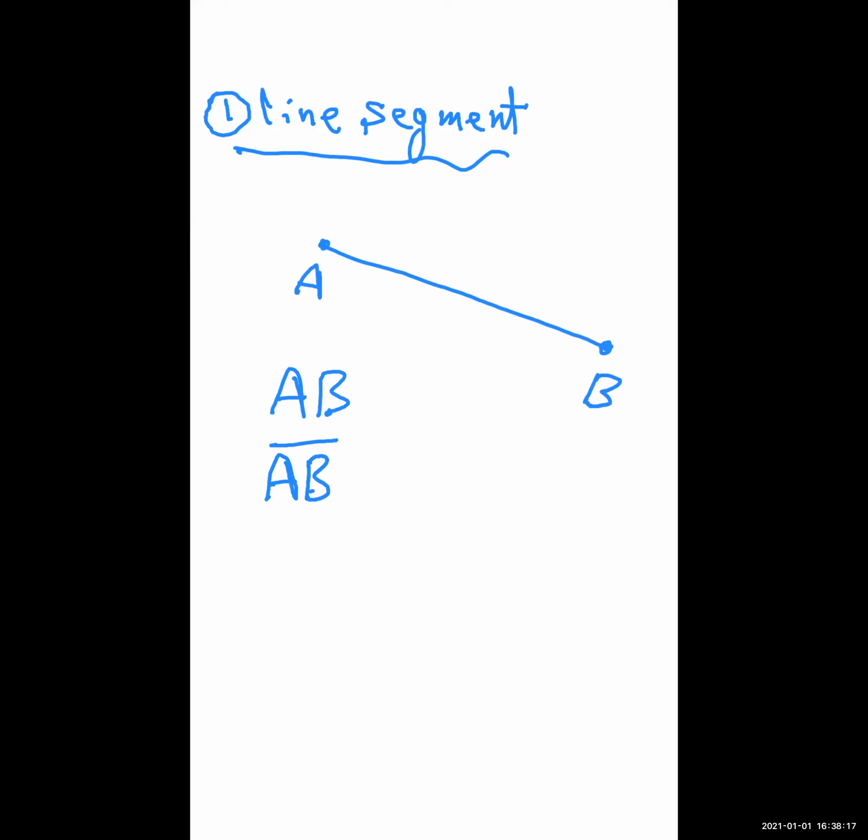And also, for a line segment we can know its length exactly. So if this AB is 5 centimeters, for example, we can say that AB equals 5 centimeters, or line segment AB equals 5 centimeters.